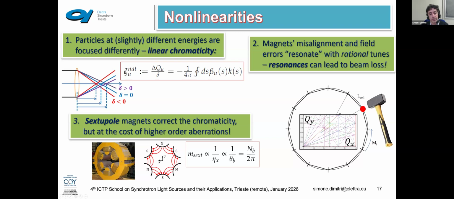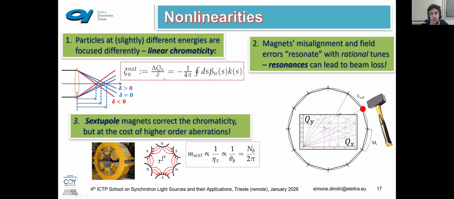So we are used to parameterize this deviation in focusing property as the so-called linear chromaticity, the ratio of the tune shift, so the discrepancy in betatron tune of one particle from another, normalized to the RMS energy deviation. It can be shown that this quantity is actually, again, a property of the lattice.